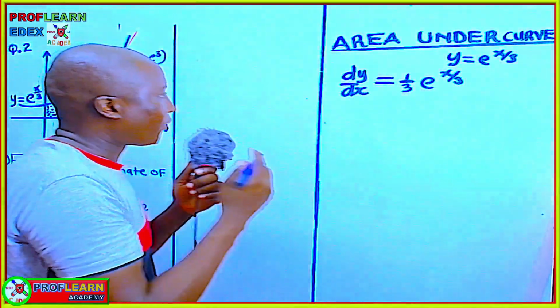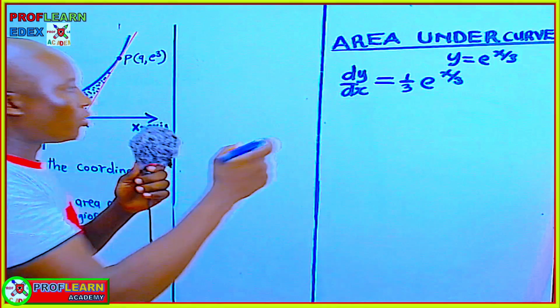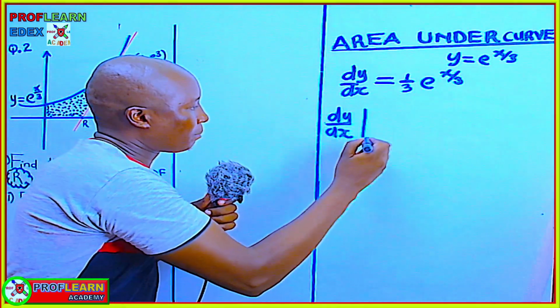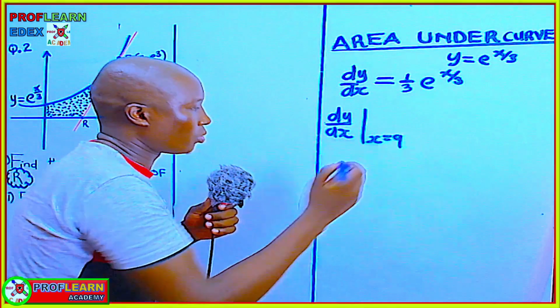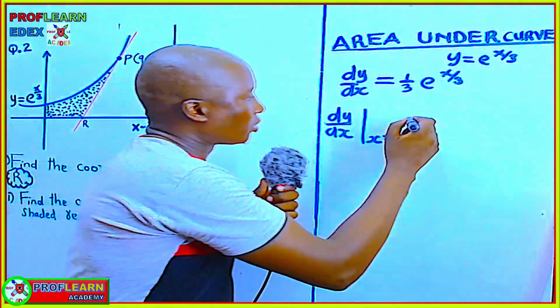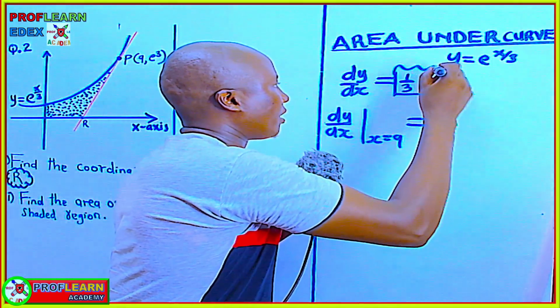Now, for us to know the gradient of this curve at this point P, we are going to evaluate dy/dx at the point where x = 9. At this point, x is 9, so we substitute it into the gradient function that we have obtained.